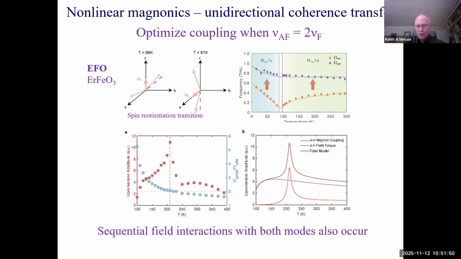And the frequency of one of those modes is quite strongly temperature dependent. So we can vary the temperature until we reach the point where the two frequencies are in about a 2-to-1 ratio, at a little more than 200 Kelvin. And sure enough, there's a strong peak in the signal there from that component. But there is signal elsewhere always. And in fact, in general, both of those mechanisms do contribute to the signal.